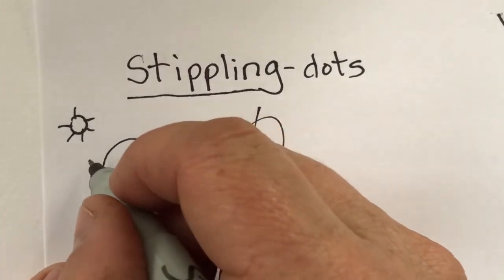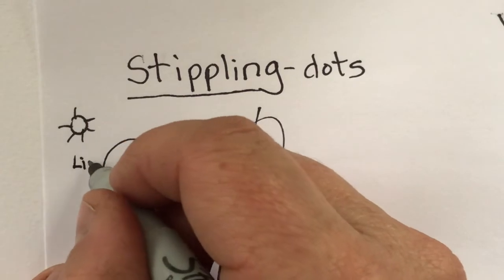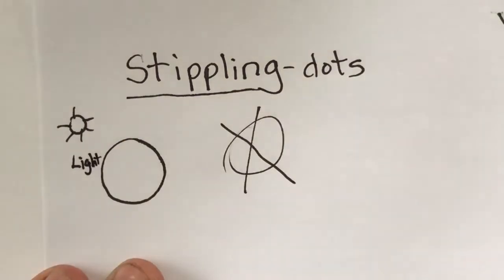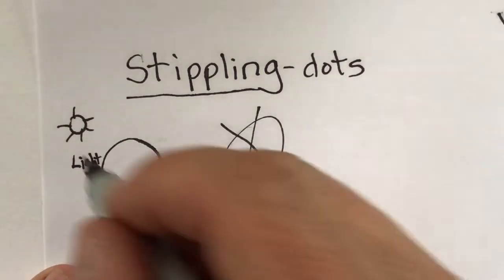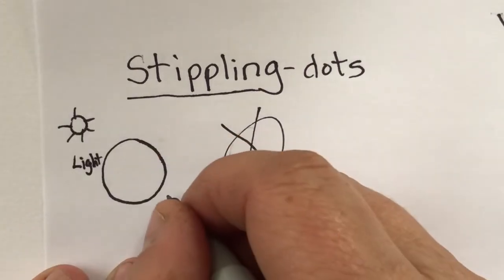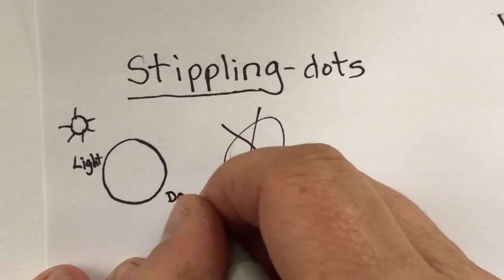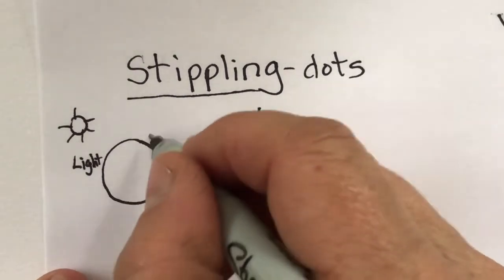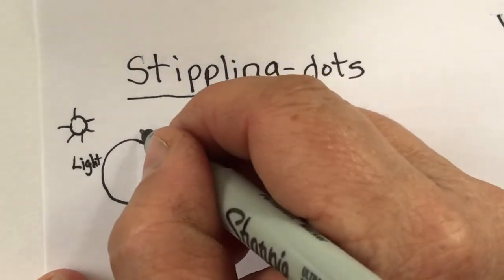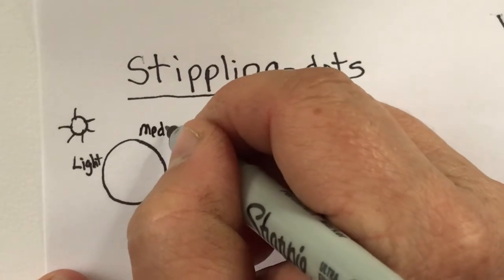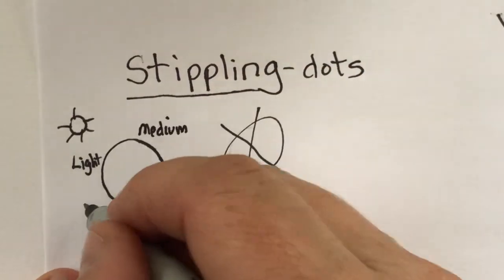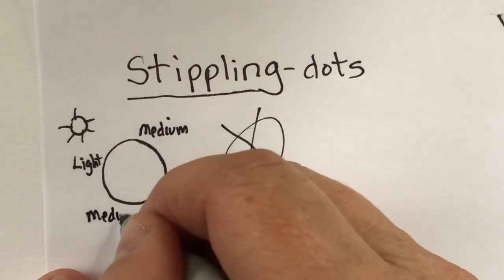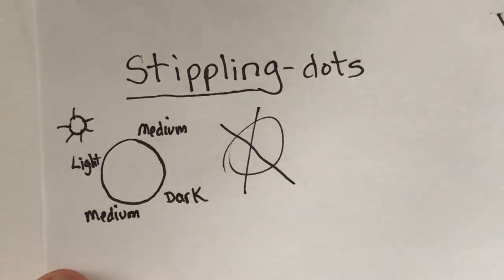We can just put an L there if you want, or write the word light, just to remind yourself. Opposite of light is dark. And then here in the middle, we are going to have medium. Okay, so label your sphere like this.